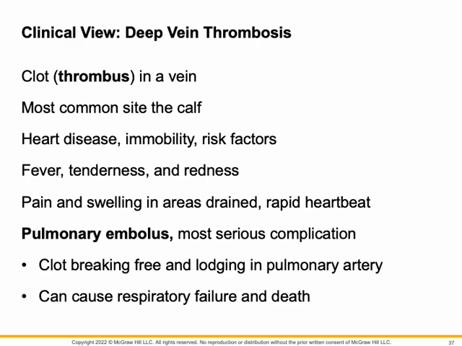The major concern is that it could go to the heart and cause a heart attack, go to the brain and cause a stroke, or go to the lungs and cause a pulmonary embolism. The clot breaks free, lodges in a pulmonary artery, reduces blood flow through the pulmonary artery to the lung, and results in respiratory failure and death, right?